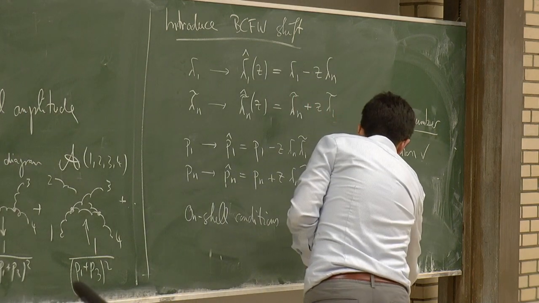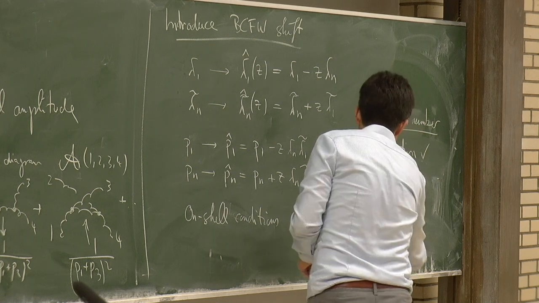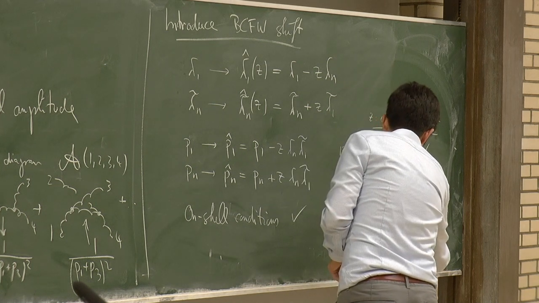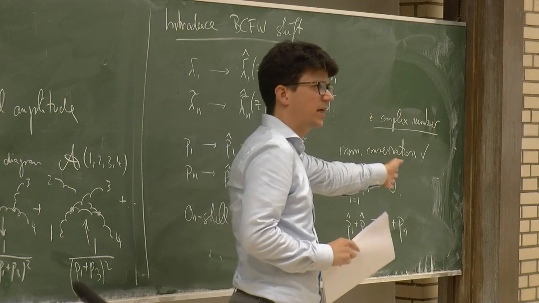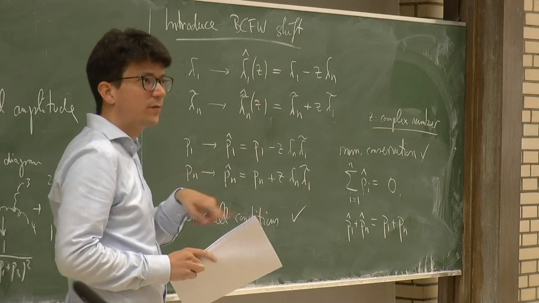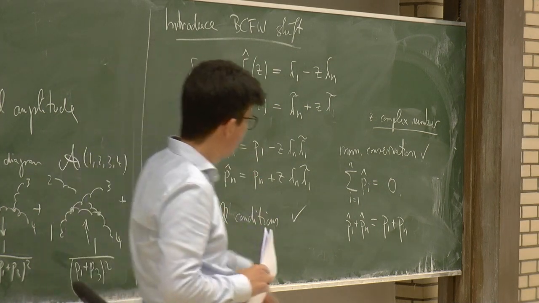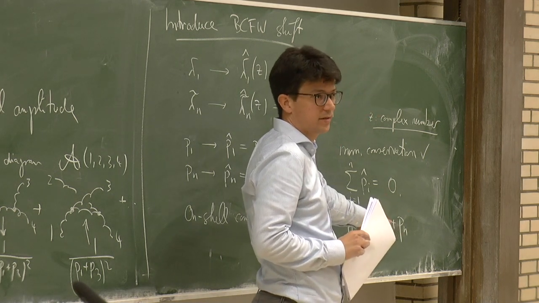Maybe here I just want to highlight, because we'll use this later, that as soon as you sum P1 hat and Pn hat, it's the same as P1 plus Pn. So, this is important to realize, any sum of momenta that involves these two does not have any z dependence.